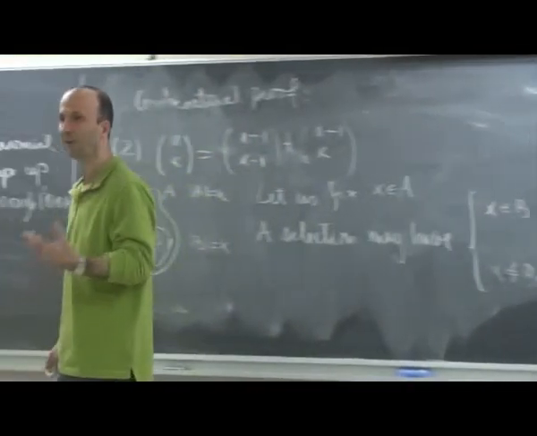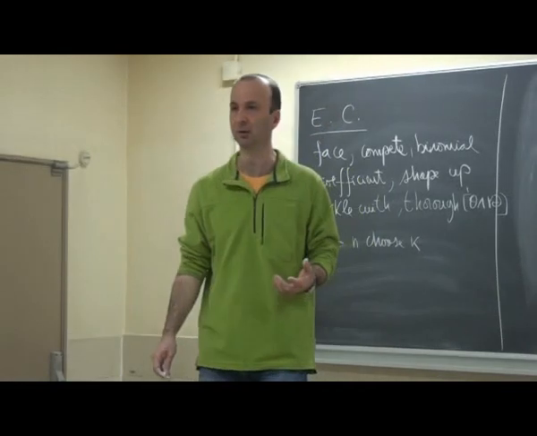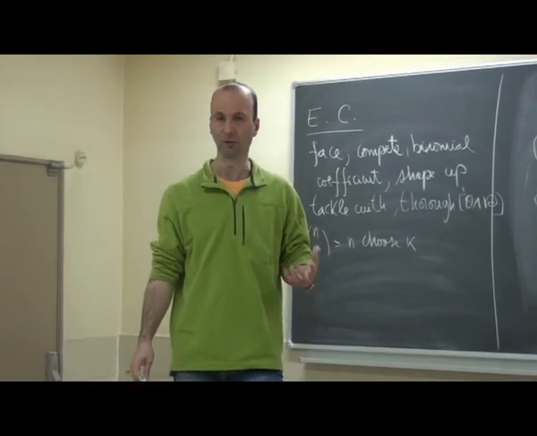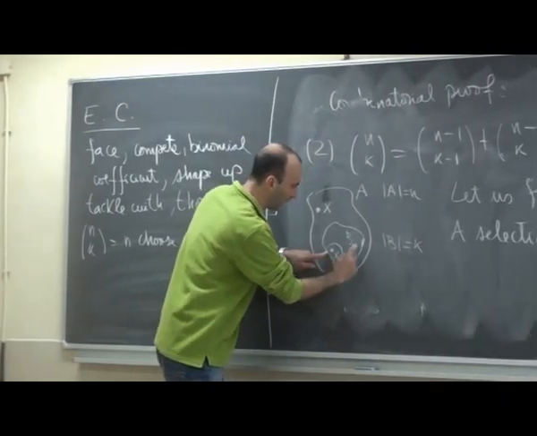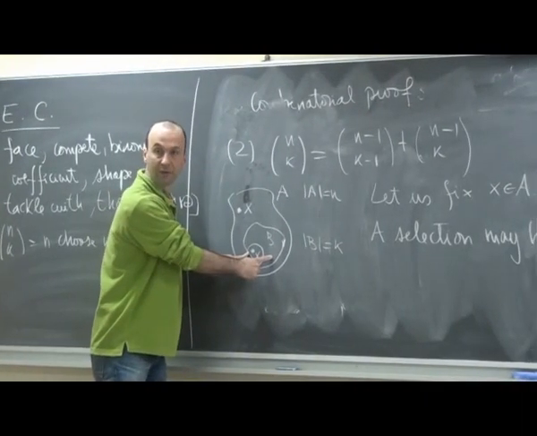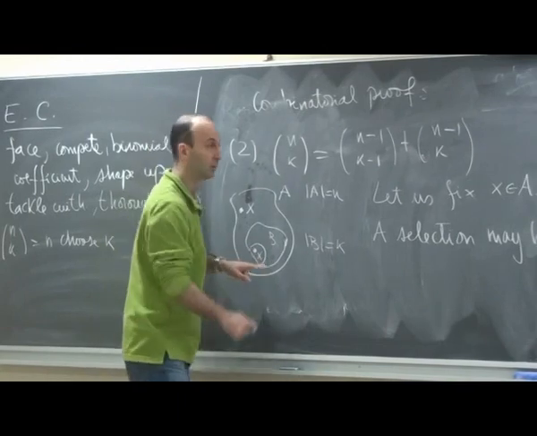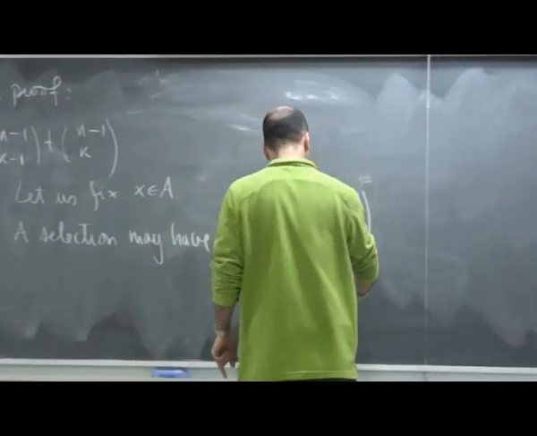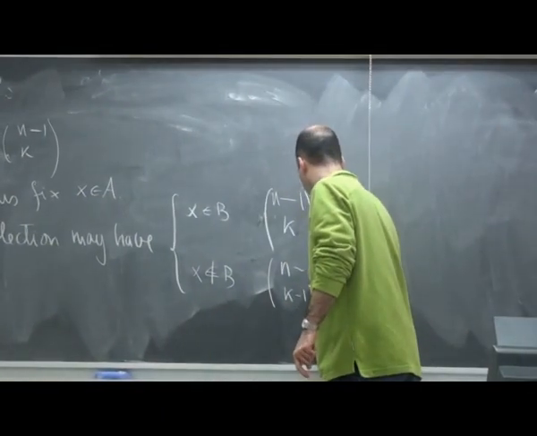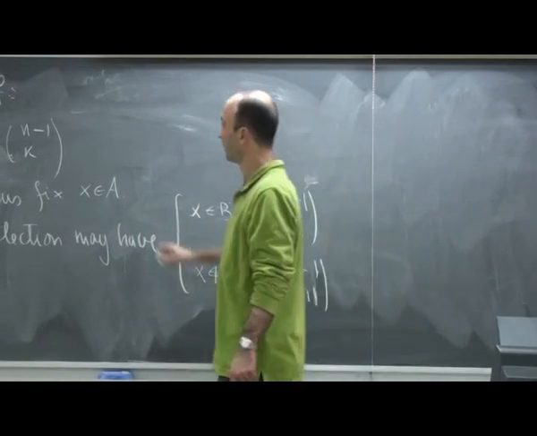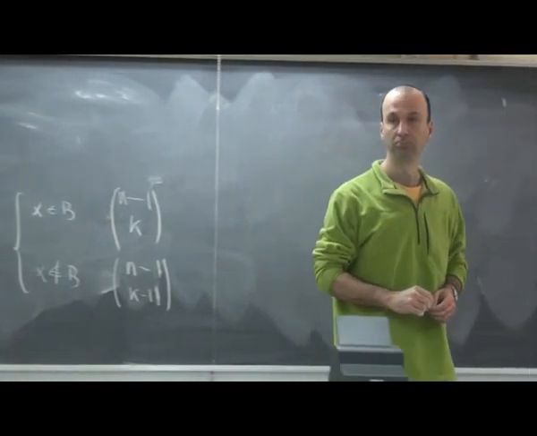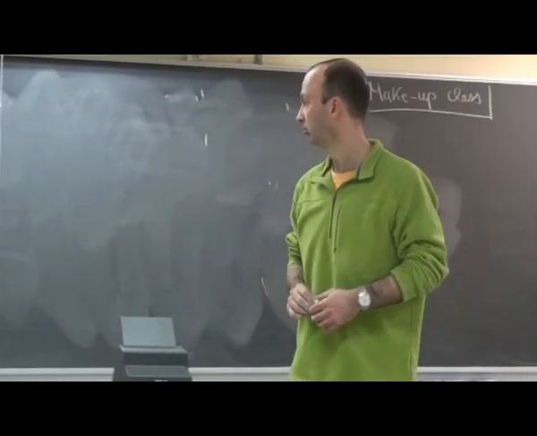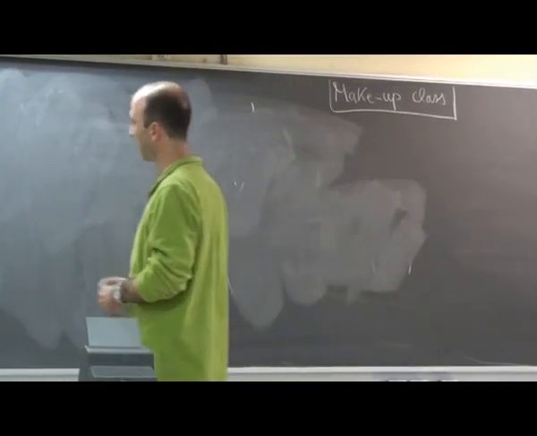How many possibilities do I have for the rest of my selection? K minus 1, right? Because this guy is going to be here, then I have to choose the rest of it, which is K minus 1. Yeah, it's my formula. And that's it.